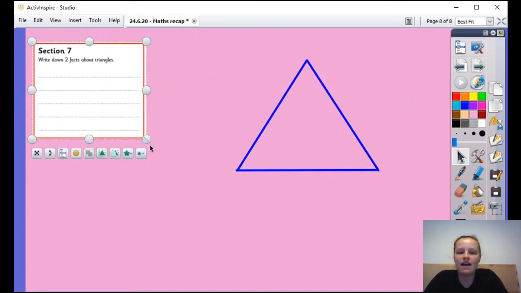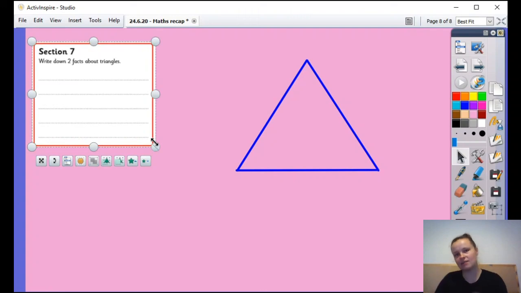It says write down 2 facts, 2 things you know about a triangle. So let's have a look. We've got a triangle here. What do you know about a triangle? Can you tell me 2 things about a triangle? Off you go.